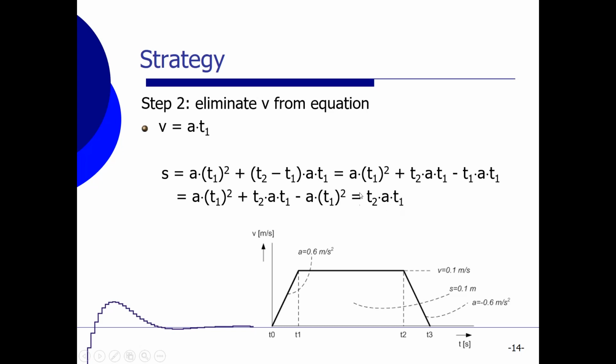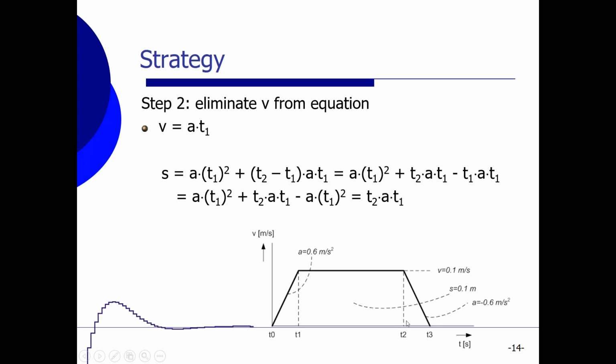We can also see that directly from this graph, because the acceleration time and deceleration time are the same. So this triangle is equal to that triangle over here. And then we have a rectangle, which is equal to t2 on the horizontal axis and v on the vertical axis. And the area underneath this rectangle is equal to t2 times v, and v equals a times t1.